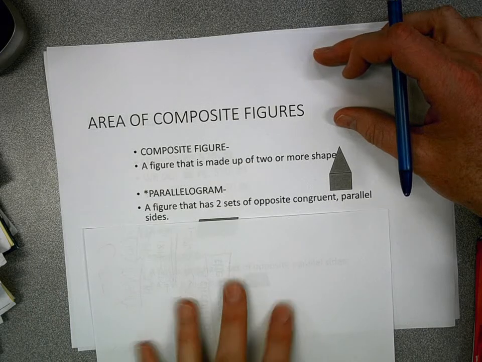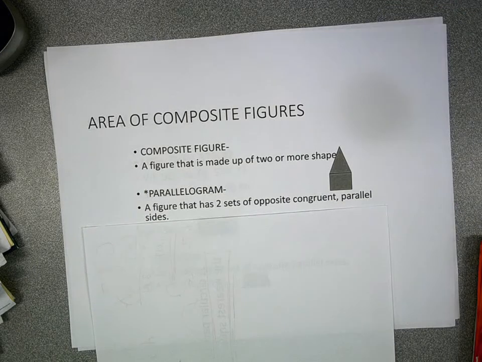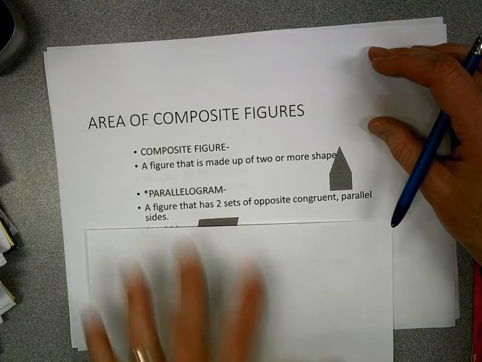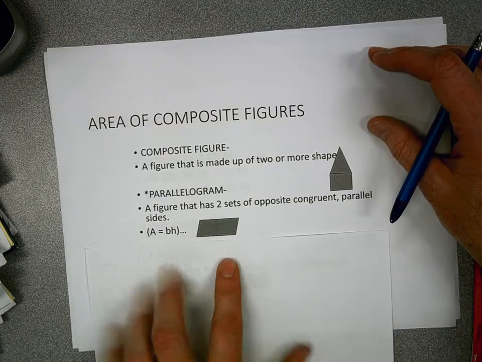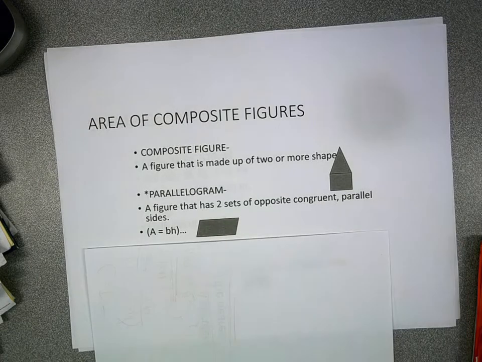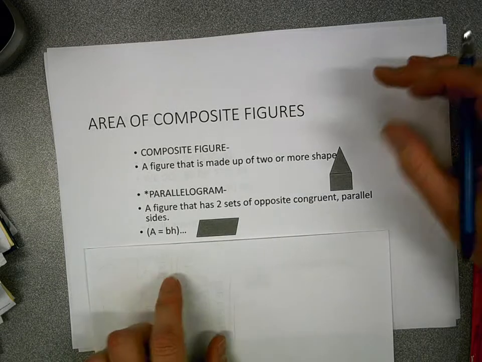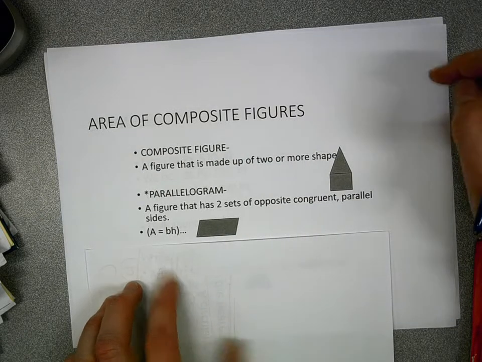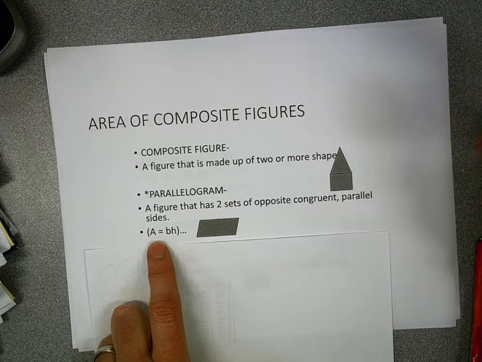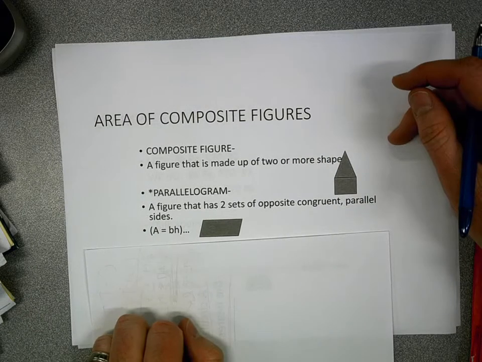This is a figure that has two sets of opposite, congruent, parallel sides. It would look something like that. And ladies and gentlemen, the formula is very similar to area of a rectangle. It is area equals base times height.